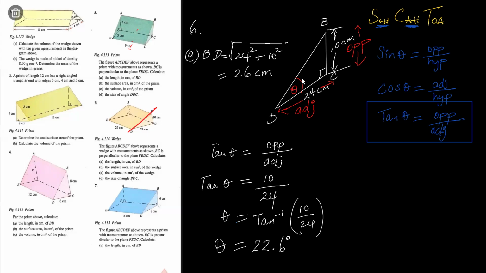The open bracket is just after the number 9. Open brackets 10 divided by 24 and then close brackets. Start getting 22.6 now. Well, that's the answer. It's on the board.